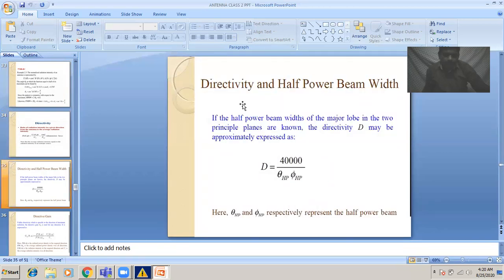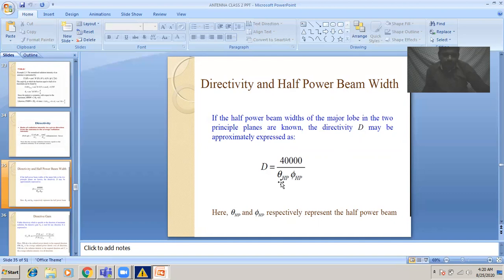So, relation between directivity and half power beamwidth. Generally this beamwidth is measured in two planes. One is in the horizontal plane and one is in the vertical plane. In the horizontal plane, if you measure, this is phi of HP. This is theta of HP. HP means half power beamwidth.